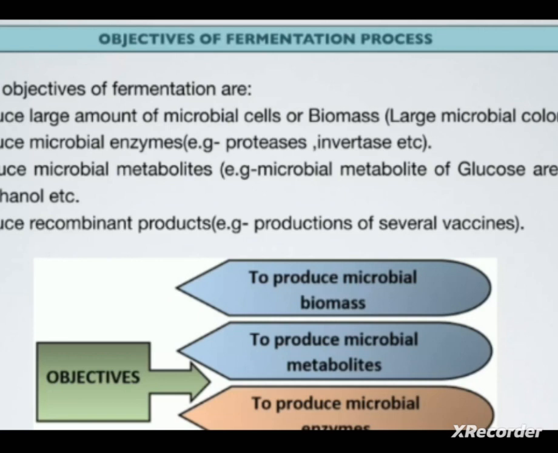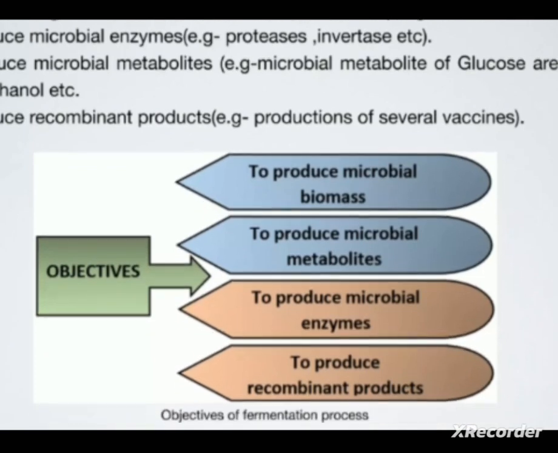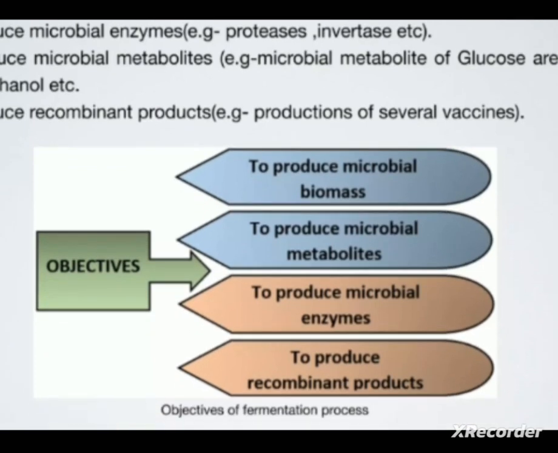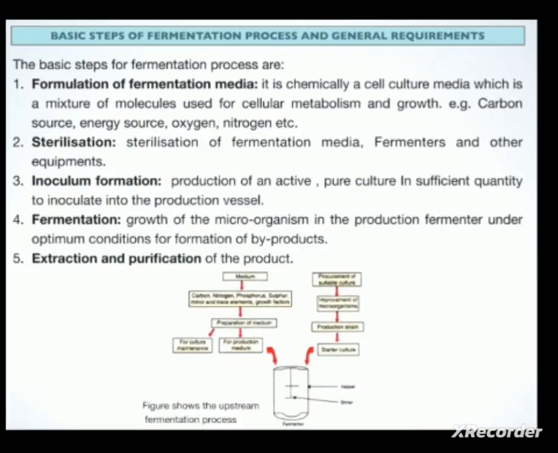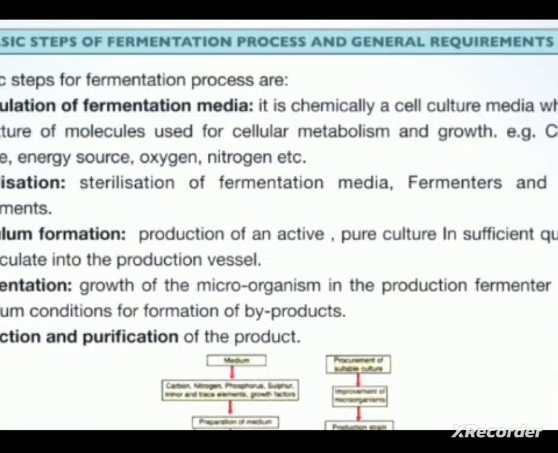Fermentation is a vital process for recombinant products, DNA recombinant technology or other technology in which vaccines are produced. So I am outlining the objectives again: to produce microbial biomass, microbial metabolites, microbial enzymes, and recombinant products.